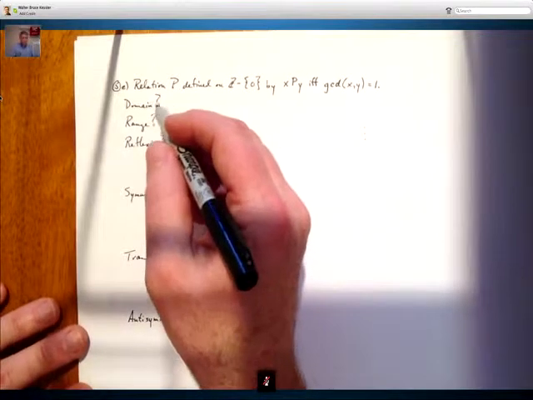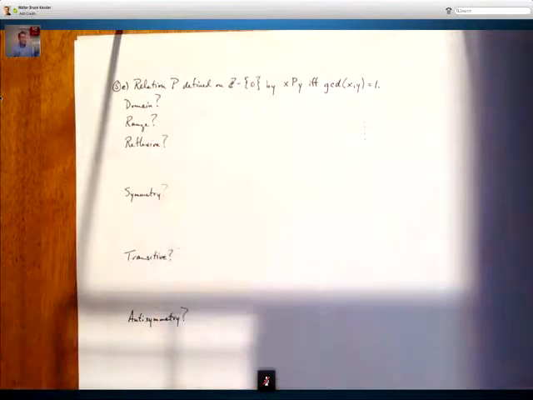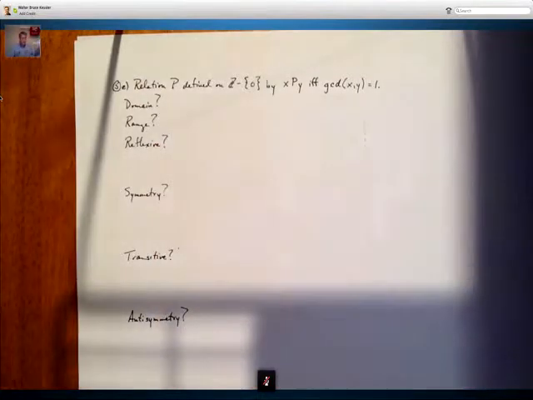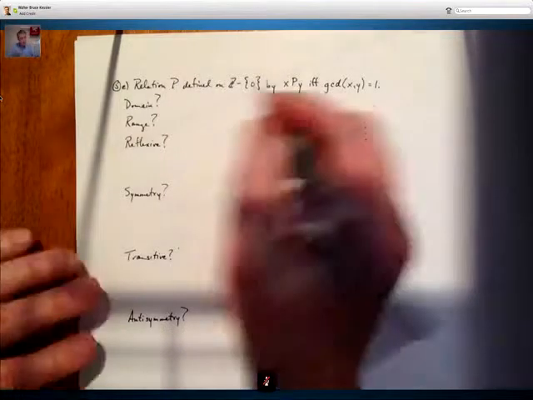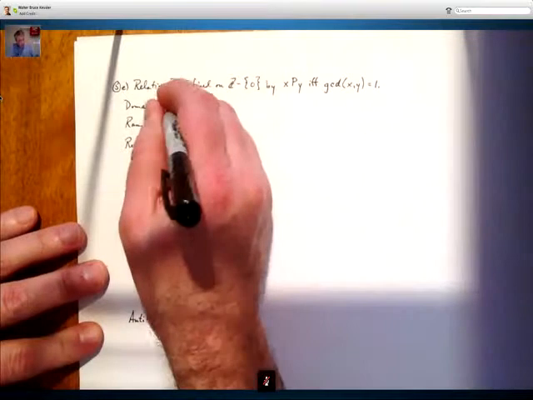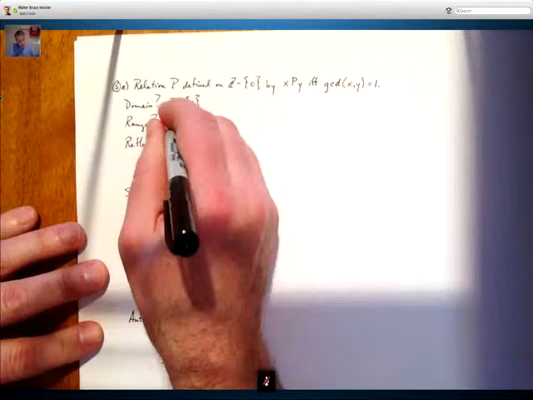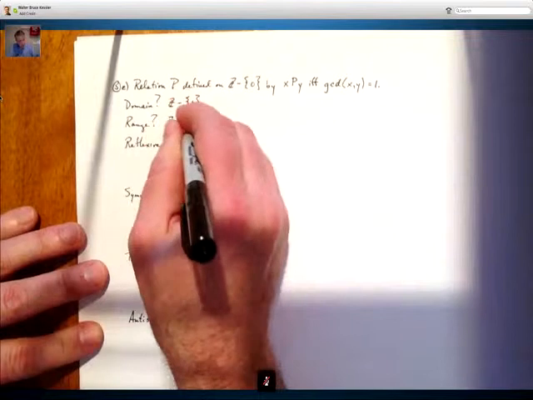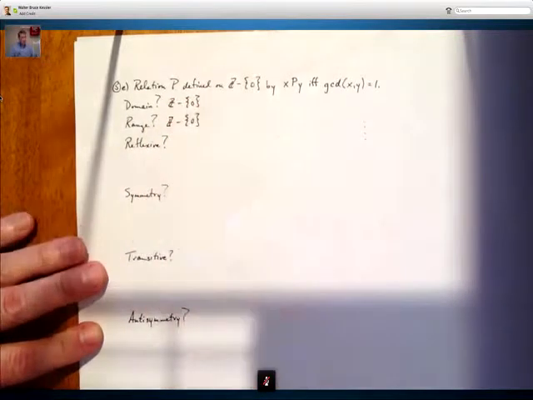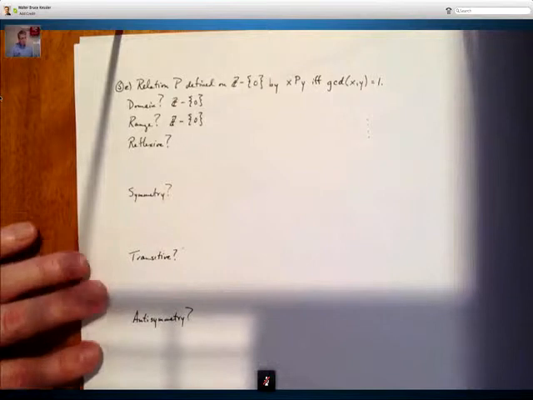If it's not prime itself, say it's a composite number, then there's certainly things over here in the y that would be relatively prime to it. So Z minus 0, and same thing on the range.